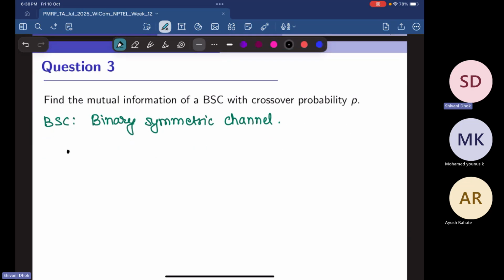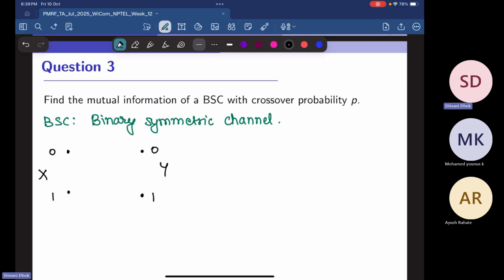A binary symmetric channel means you have two inputs and two outputs. One input will be 0, another input will be 1. Let's say the input is given by X, and one output is 0 and another output is 1.